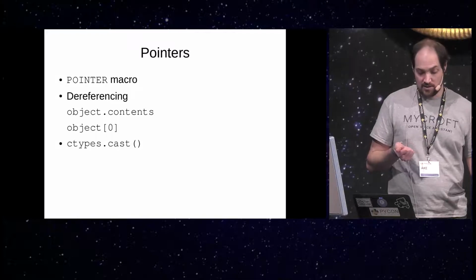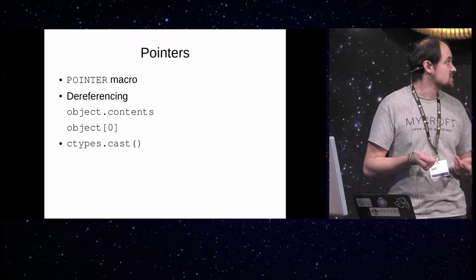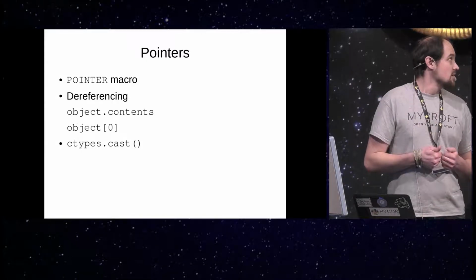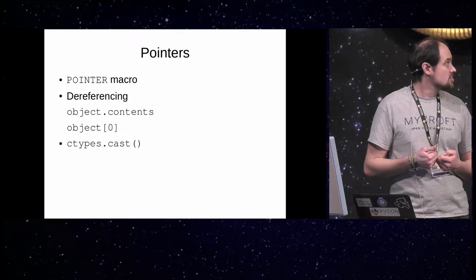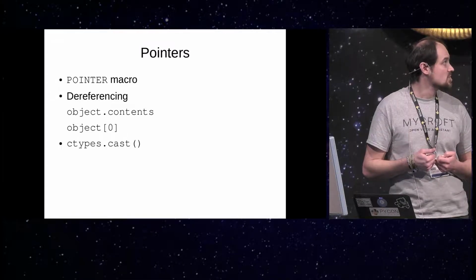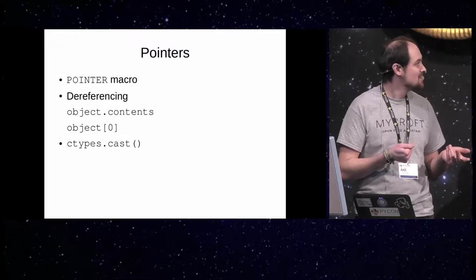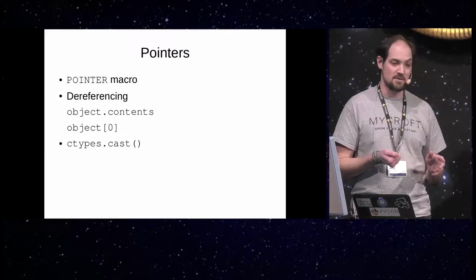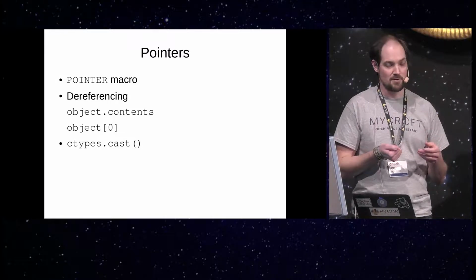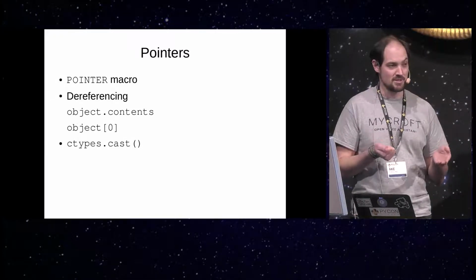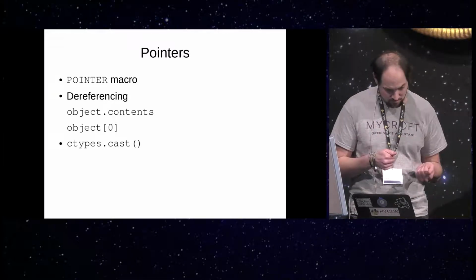And this can also be done in Python in ctypes. They have two different ways of doing this, just to be clear. They have a .contents, which points to the contents that the pointer is referencing.